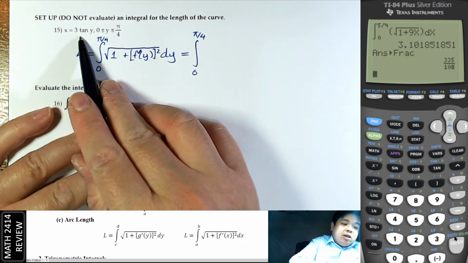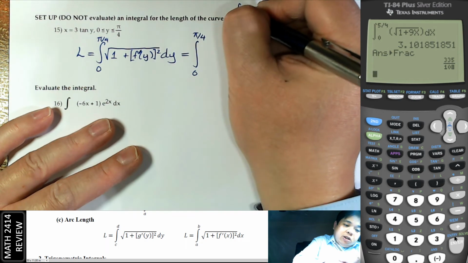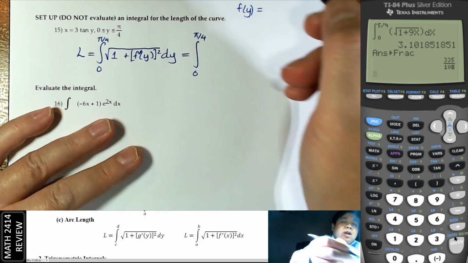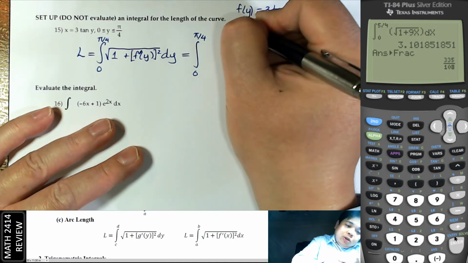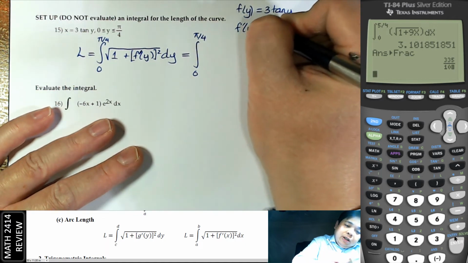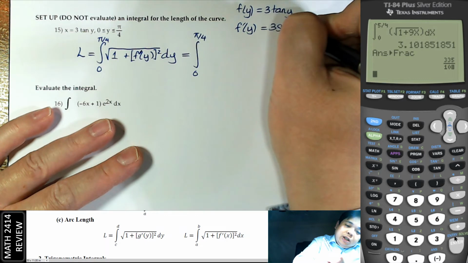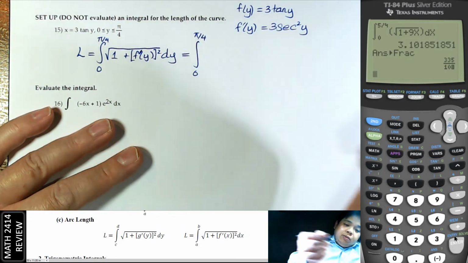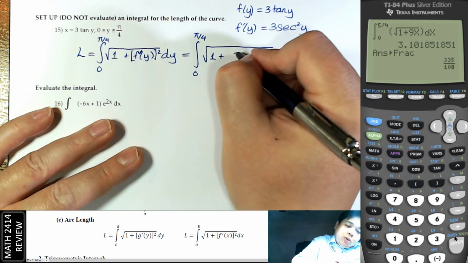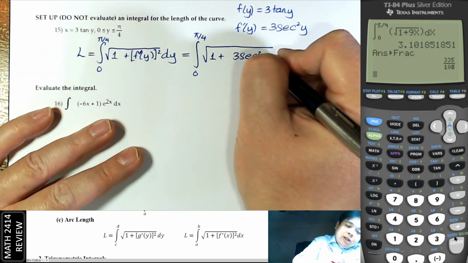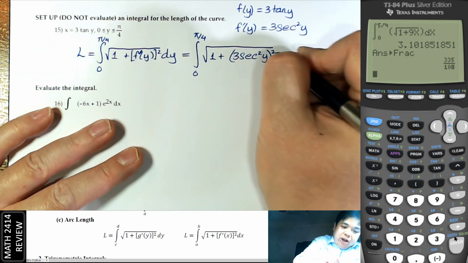Derivative of tangent. Okay, so we have the function 3 tangent of y. So the derivative is 3 secant squared. So we have 1 plus 3 times secant squared, and then we square again.